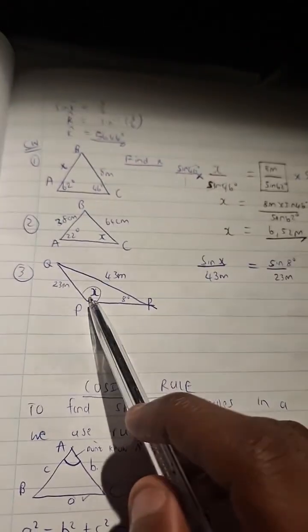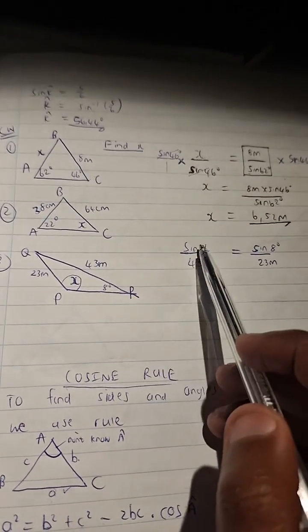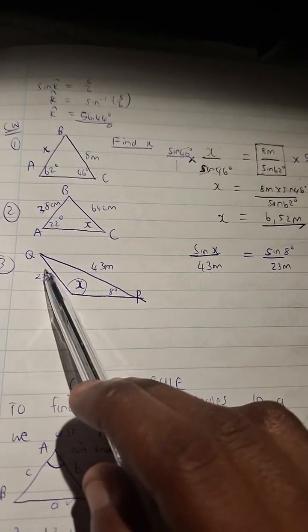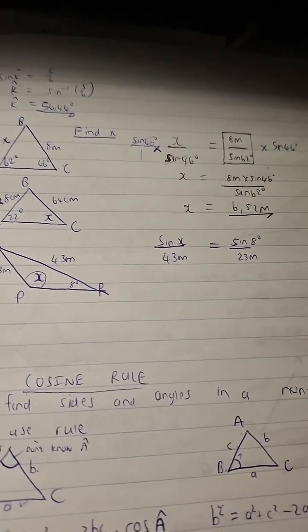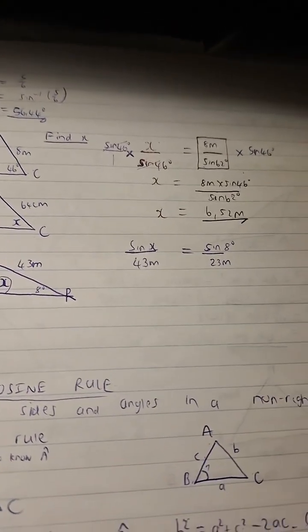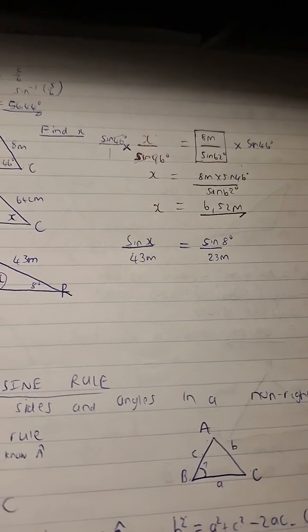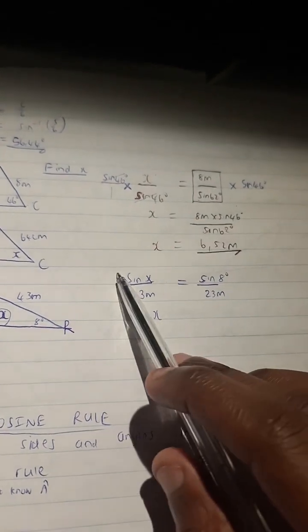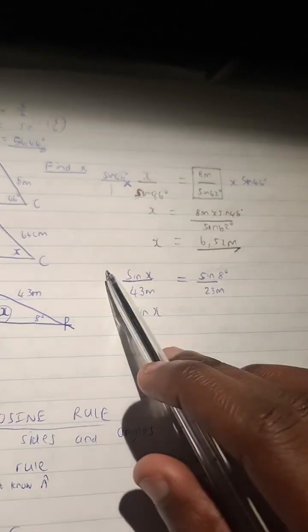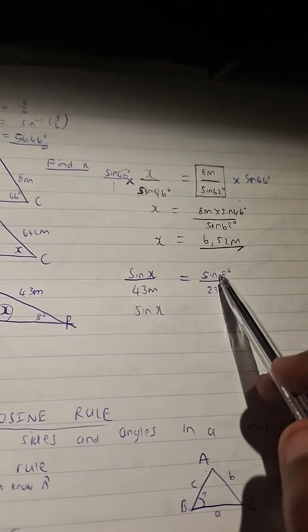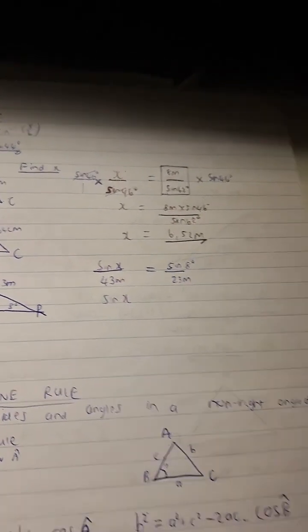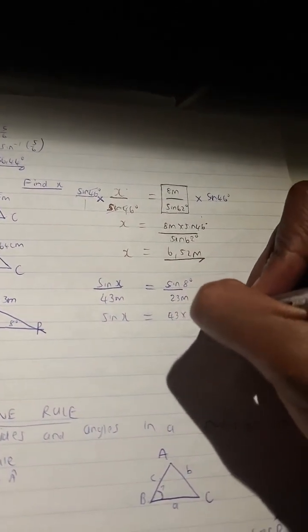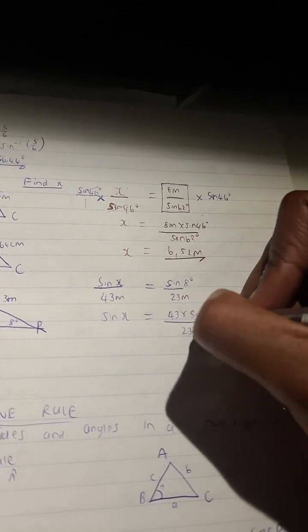So I repeat, sine x over 43 meters, unknown, known, sine 8 degrees over 23 meters. Good. Sine rule in motion. Then cross multiply. I multiply both sides by 43 meters to get rid of this 43. I multiply by 43 in the numerator, or I can simply say cross multiply. Do you see what I mean, guys? Then we have 43 times sine 8 over 23.